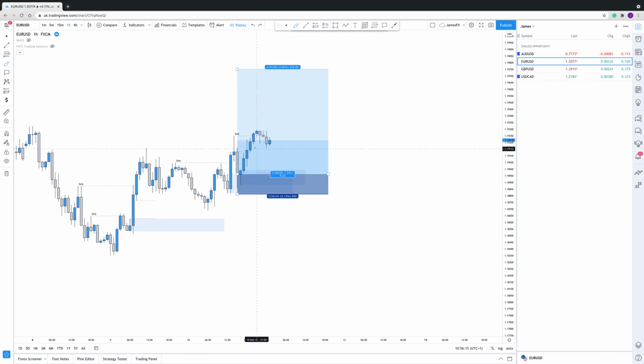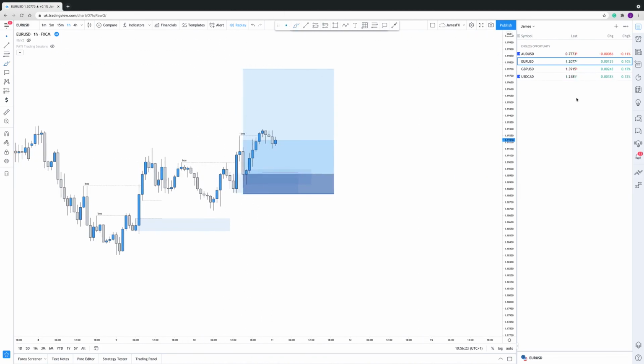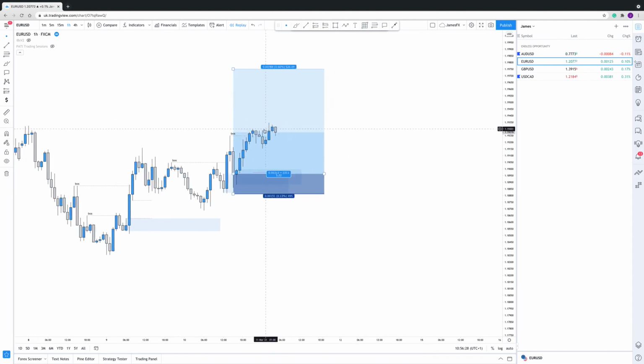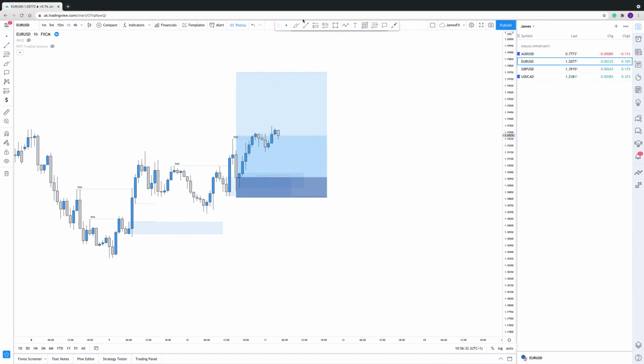So price could just pull back from here and go. So for that reason, I wouldn't be looking to get involved in a trade or look at this as an order block. But let's put it on just for why not. And then we break structure with a wick and we push up, corrective price action.